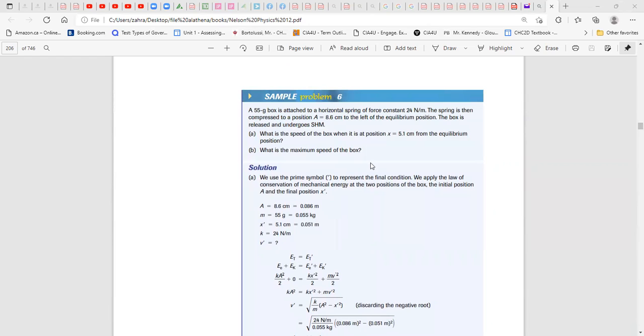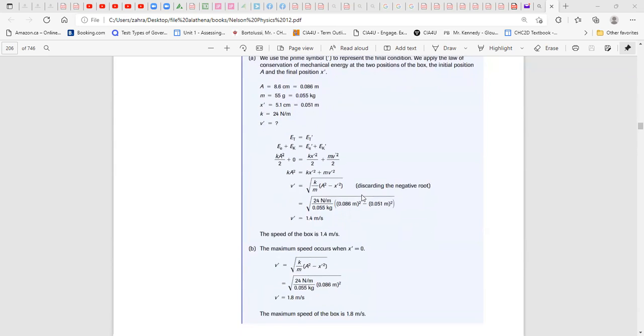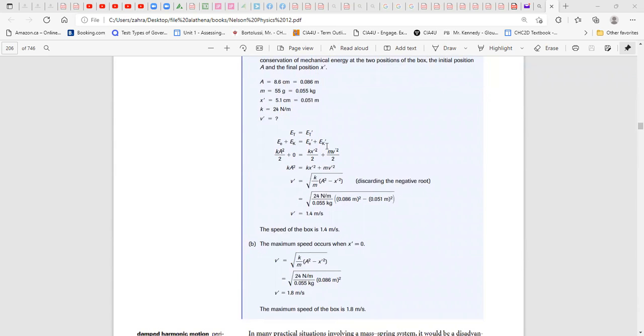What is the maximum speed of the box? The speed of the box is maximum at equilibrium, when x is 0. So when you establish this equation, ka²/2 equals half mv².